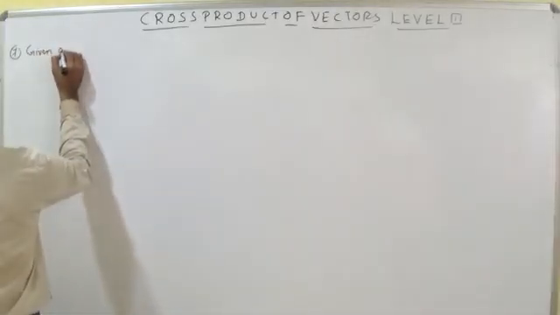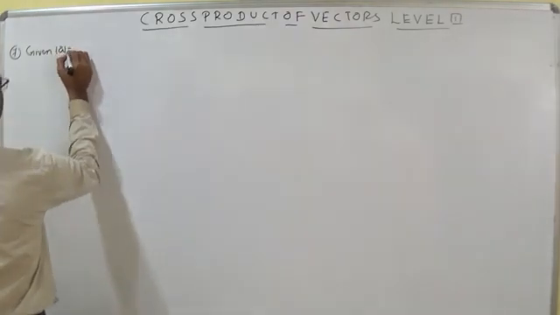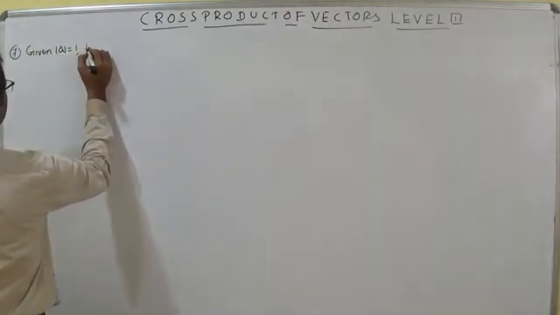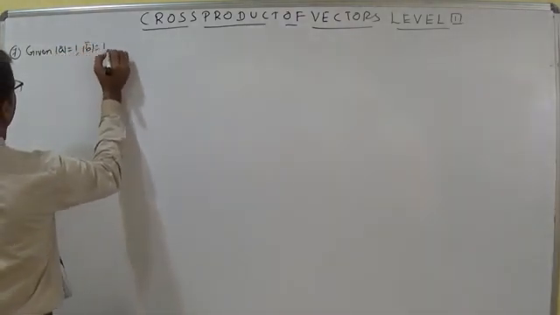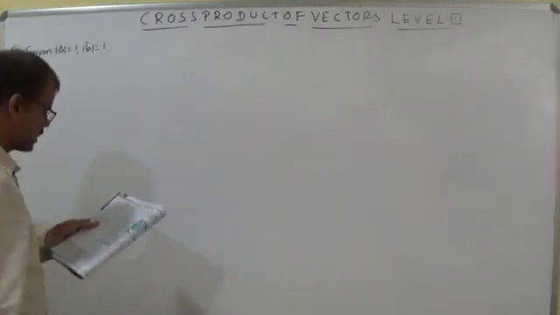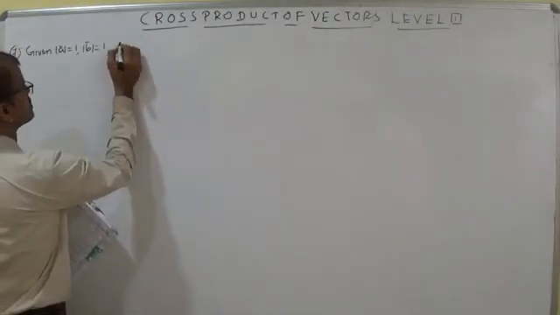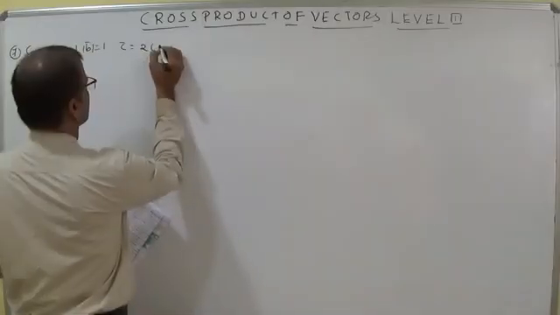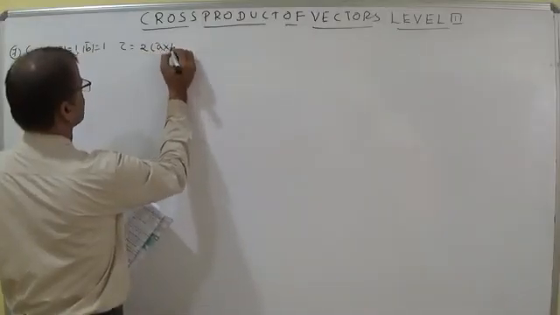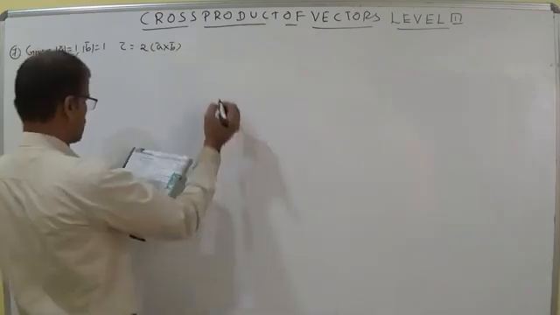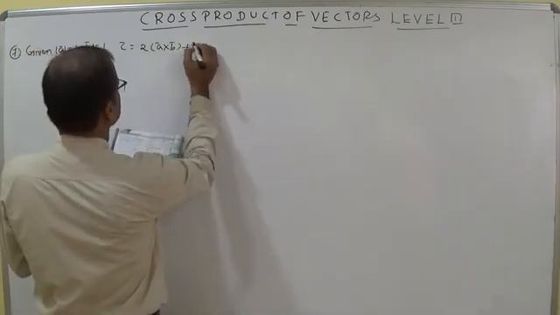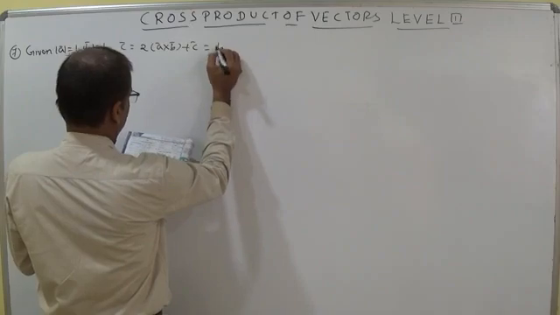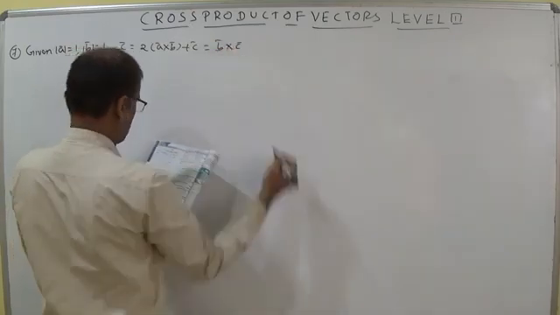Given, I am writing the data. Given value, A is unit vector, mod A is equal to 1 and mod B is equal to 1. And C bar satisfies 2 into A bar cross B bar plus C bar is equal to B bar cross C bar.